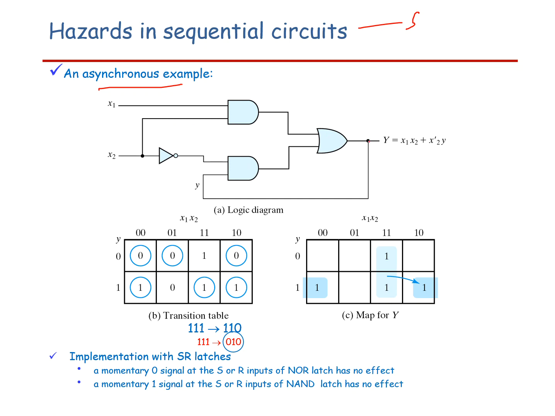The output here is connected as an input to the second AND gate, and for the first AND gate, x1 and x2 are given as input. So x1 dot x2 is the input to the first AND gate, and for the second AND gate it is x2 bar and the output of this circuit, which is considered as small y. It is x2 bar dot y. This is the output of the second AND gate. This is given as an input to the OR gate, and you get y equal to x1 x2 plus x2 bar y.